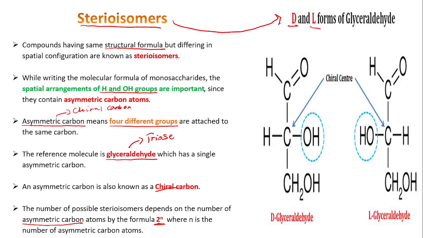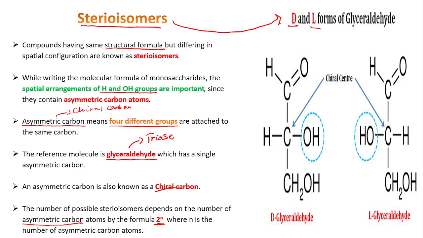Initially we talked about examples of trioses, which is glyceraldehyde and the other one. Now I've just picked glyceraldehyde alone. It can exist in two types. Why? Because of the presence of the chiral carbon.